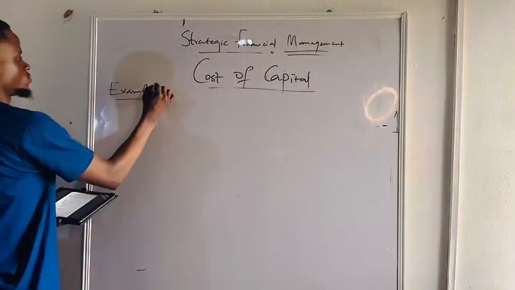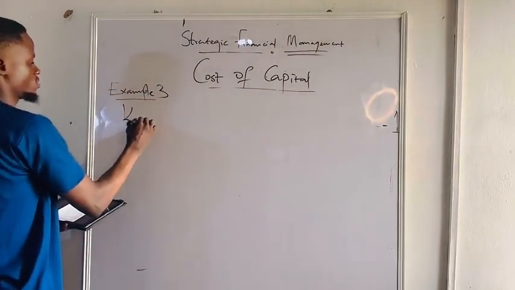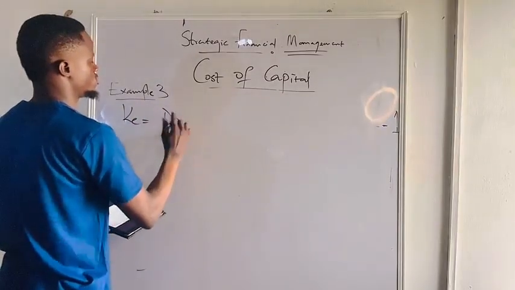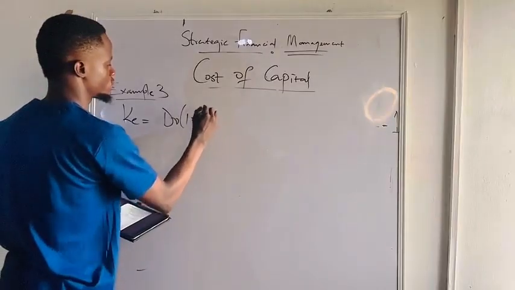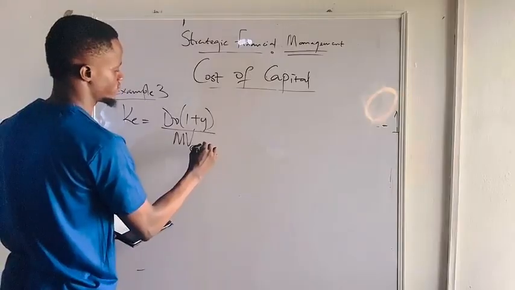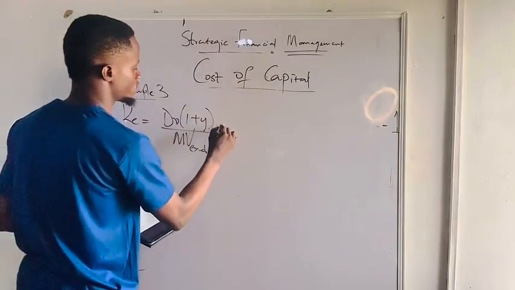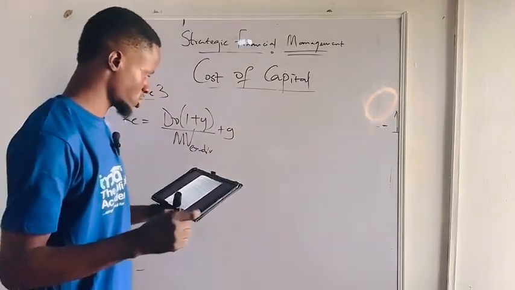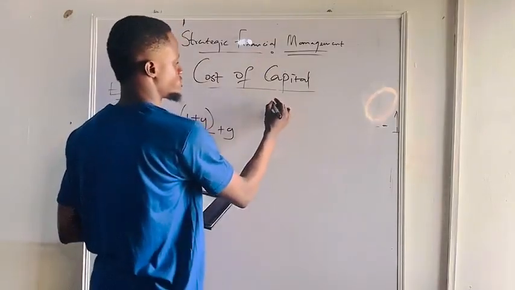So KE is equal to D0 into bracket 1 plus G all over market value, plus G. Very important. But here we don't know the value of G. We are not given G. So how do we get G?